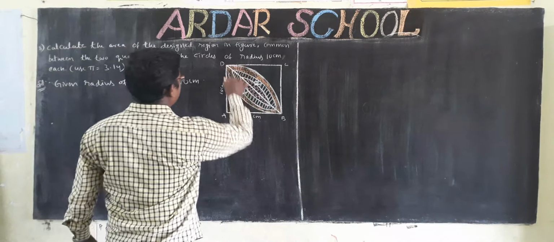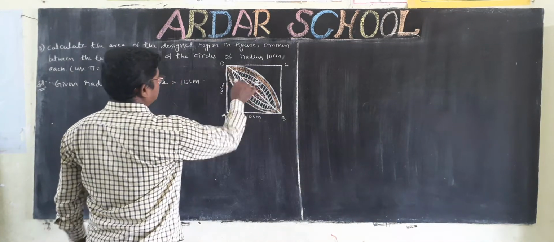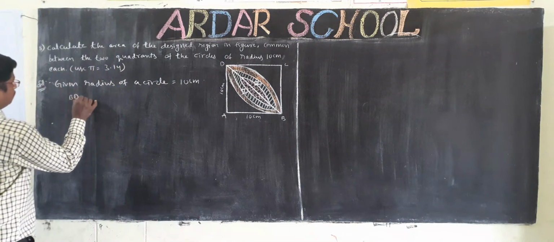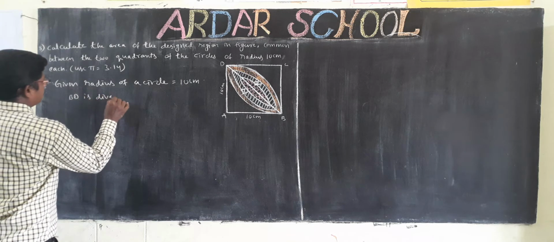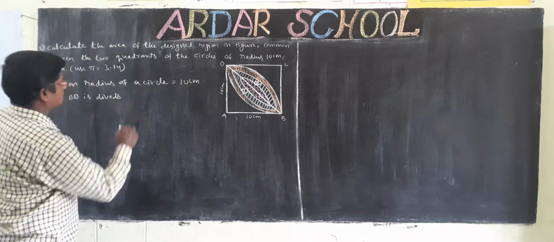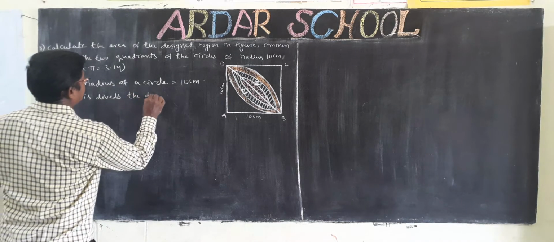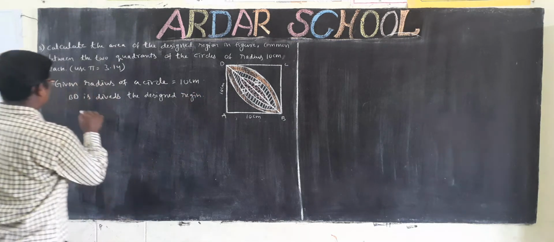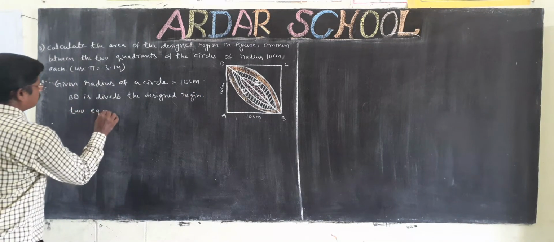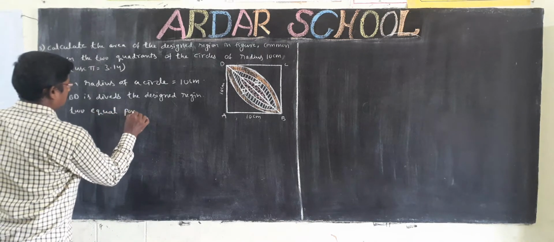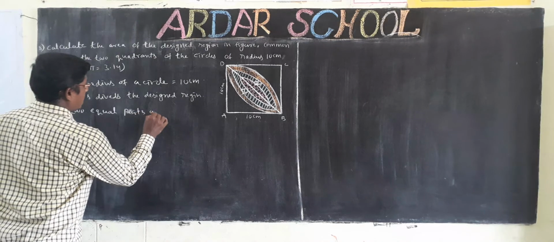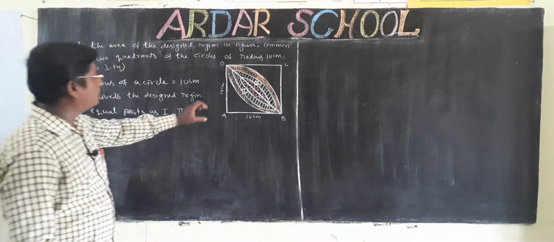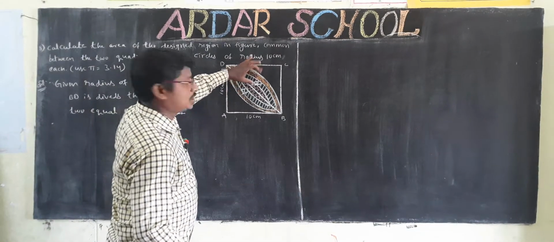So BD divides the shaded designed region into two equal parts, 1 and 2. Okay. First of all, you have to find the area of the first part.